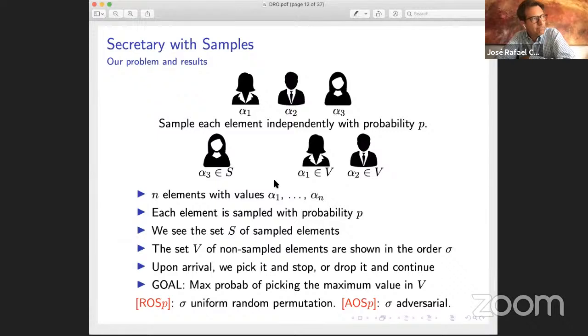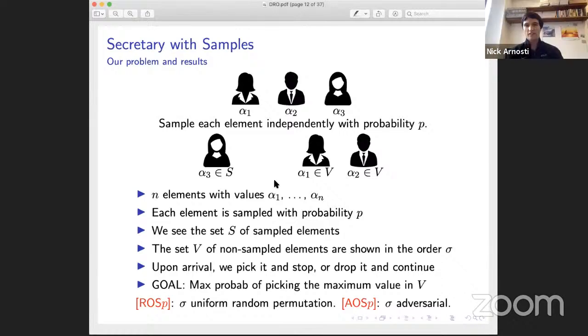I don't know, actually. The logic behind the model is that your set S is sort of your history set. You have some historical data that in principle looks like the data that you're going to face today. And that's the rationale behind having S and V sampled independently.